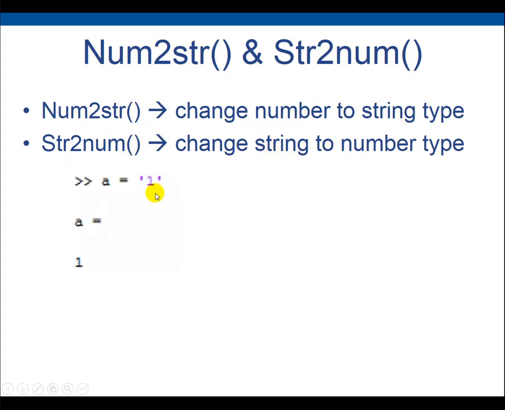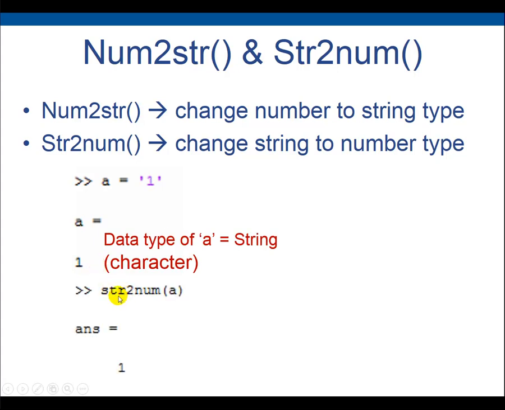So let's look at the example. A contains 1. This 1 has a single quotation mark, so it's a character. We want to change this character to the numeric value, so we simply say str2num, parentheses, A, and this function automatically changes the value to a numeric value. This is the number, this is an integer.